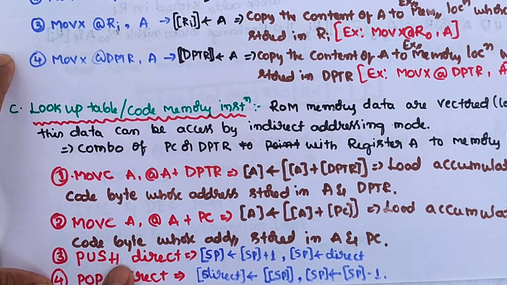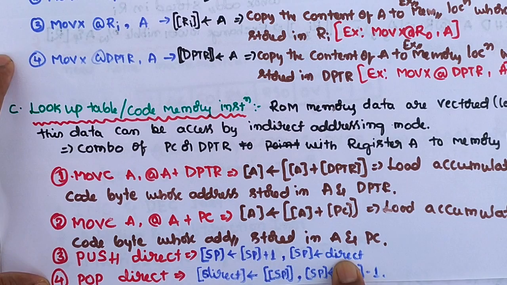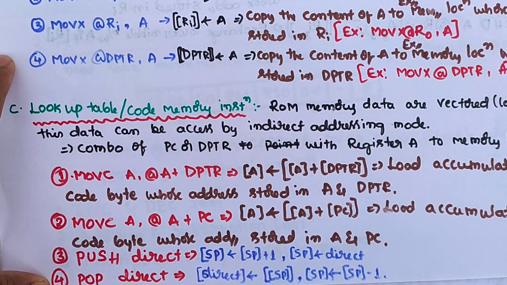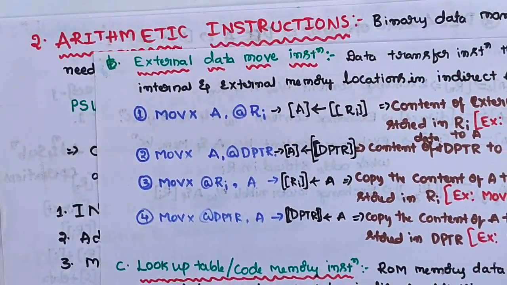Push and pop operations are used during interrupt subroutines. During push, the stack pointer is incremented and the direct memory location content is transferred to the stack. Similarly pop is used for retrieving, that is, the content at the stack pointer is transferred to the direct memory location and the stack pointer is decremented. So this is about ROM transfer.